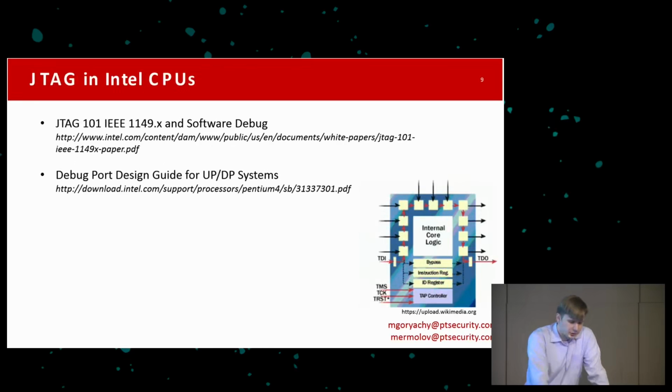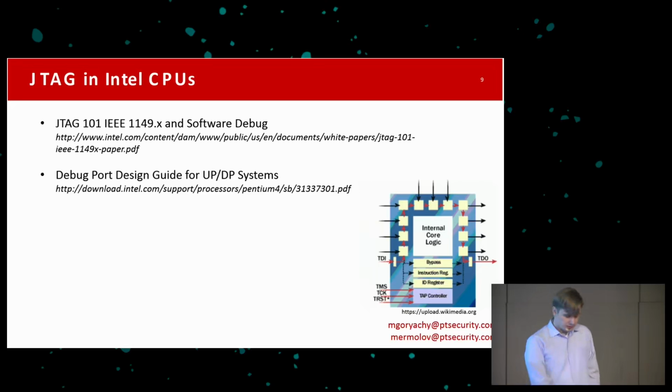Often manufacturers extend the standard JTAG by adding their own functionalities. And Intel does it too. JTAG in Intel processors is described rather poorly. Some information can be found in the documentation I mentioned on the slide.